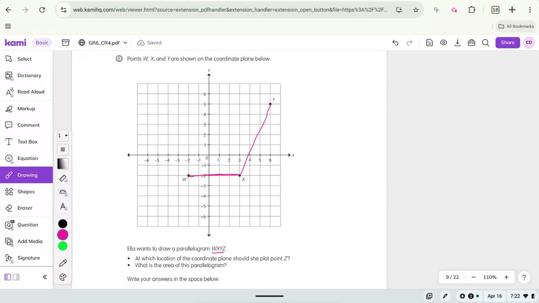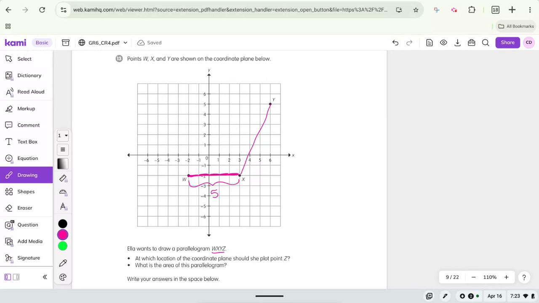This side from W to X is 1, 2, 3, 4, 5 units long, and it is horizontal. So for point Z, it should be 5 units from point Y, and it should be parallel, so also horizontal.